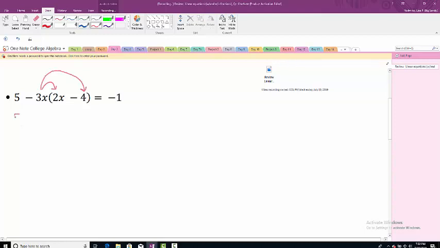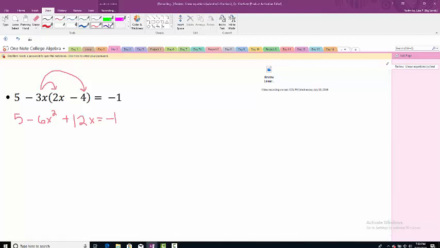And let's see what that gives us. 5 minus 6x squared. We're okay there because we've done that before. And then negative 3x times negative 4 minus 4 is a positive 12x. And that equals negative 1.